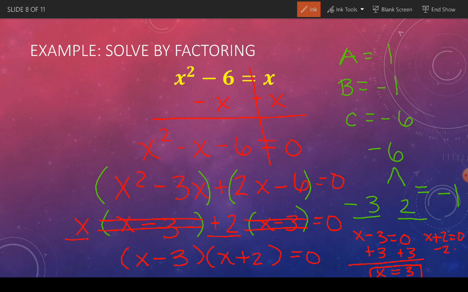I'm going to subtract 2 to solve for x. So x will equal negative 2. So the zeros for this quadratic, x squared minus 6 equals x, would be x equals 3 and x equals negative 2.